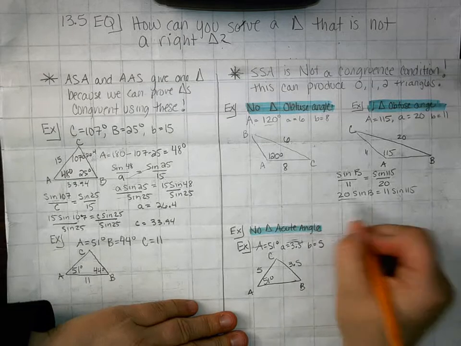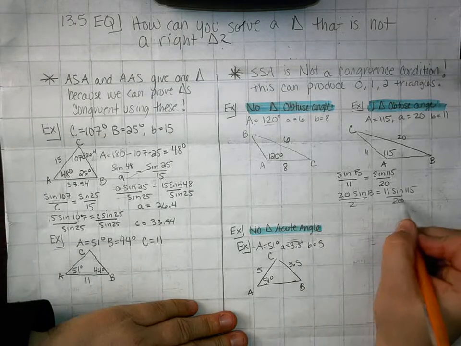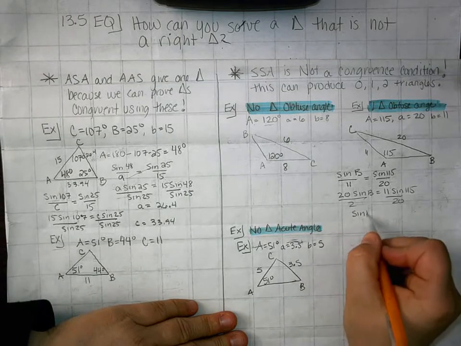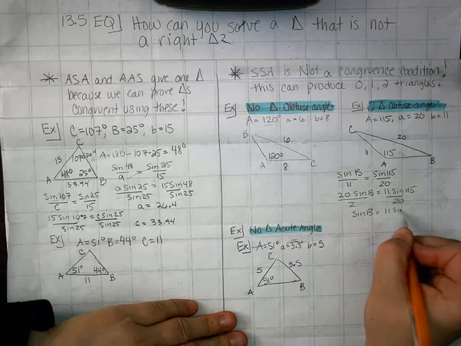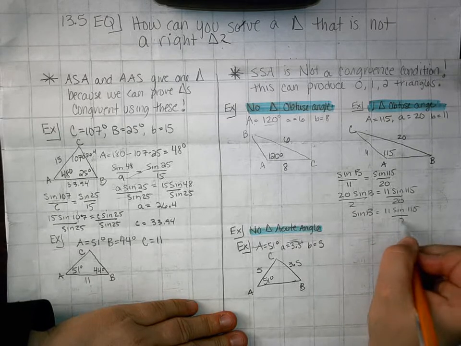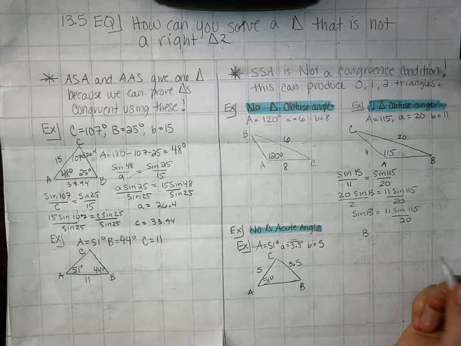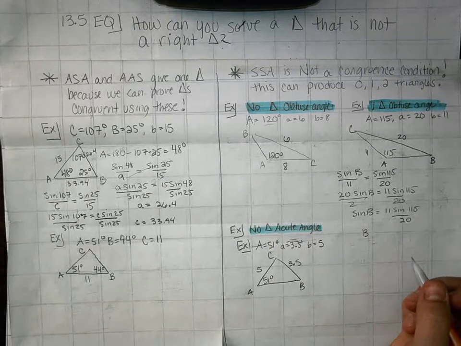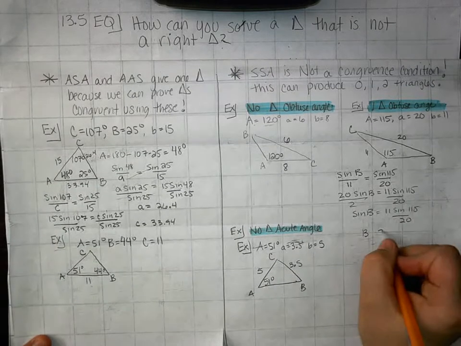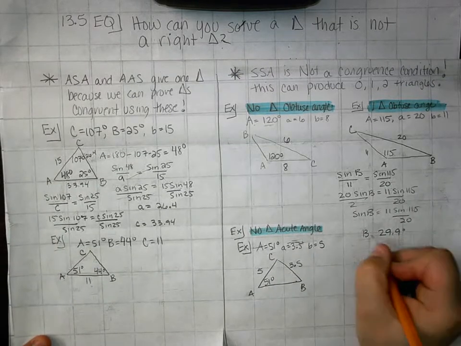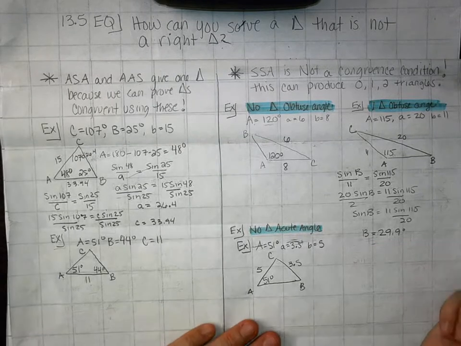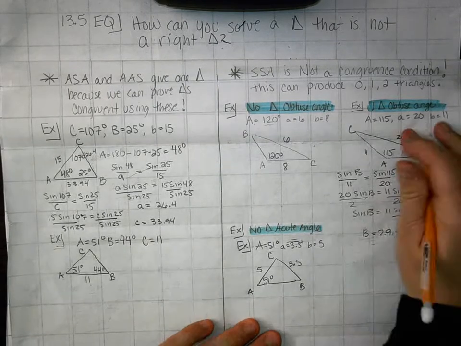To solve this, I have to divide both sides by 20, and I get the sine of B is equal to 11 sine of 115 over 20. I have to do the inverse sine to find B, and when I do that, I get 29.9 degrees.